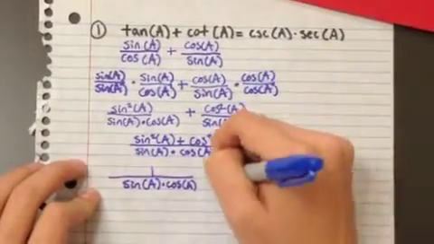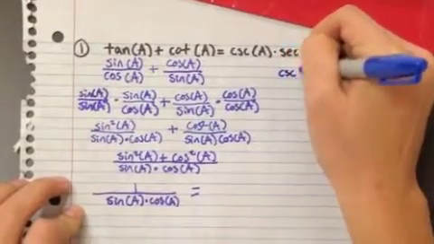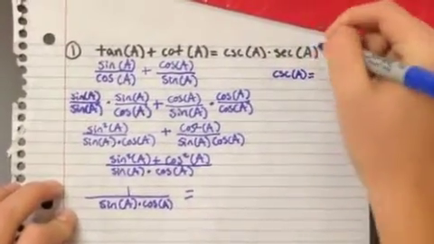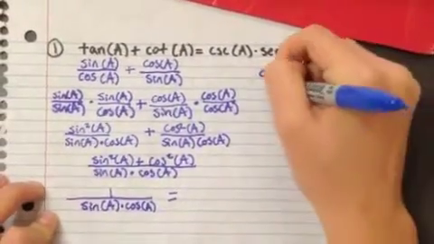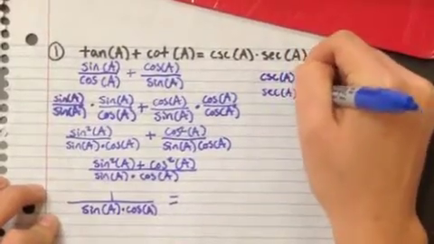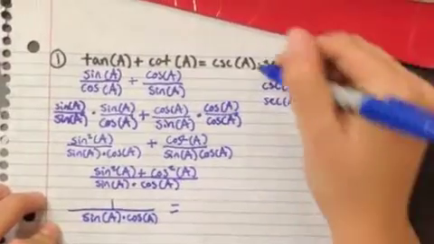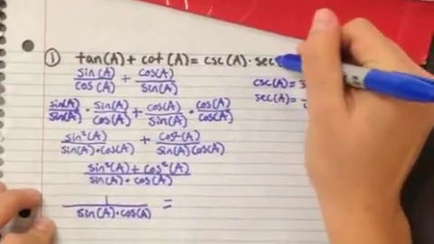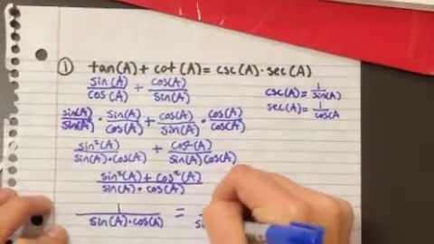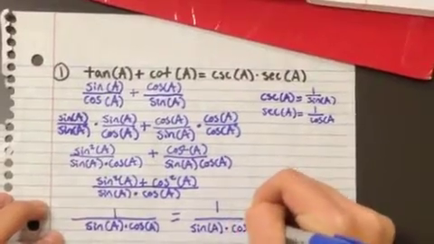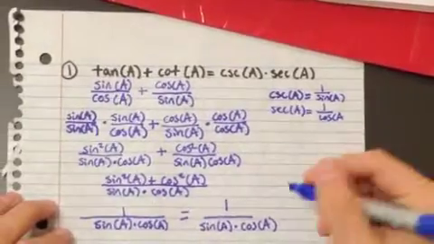And because we know that cosecant of A is equal to 1 over sine of A, and secant of A is equal to 1 over cosine of A, we can change this part of the equation to 1 over sine of A times cosine of A. And because these two sides match now, the identity is proved.